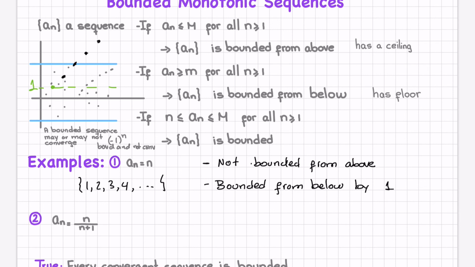This is the lowest term of the sequence. It happens to be on the sequence. Okay, what else can we say here? Is it bounded? No, because for a sequence to be bounded, it has to be bounded from above and from below at the same time. It is bounded from below, but not from above. So it is not bounded.